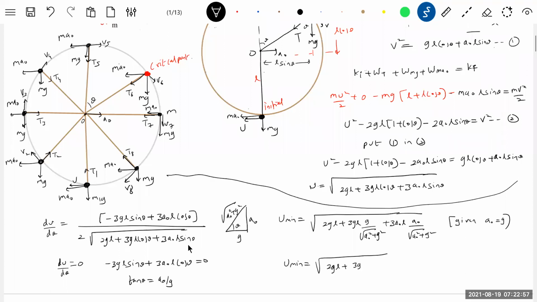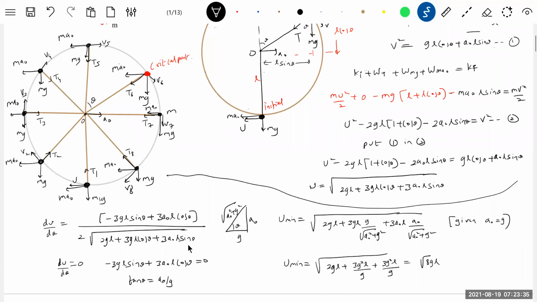2gl, 3g square l by g. I should substitute everything in terms of g, you know. Final: a naught square plus g square, this will be root 8gl.